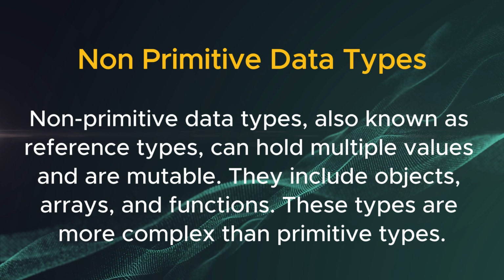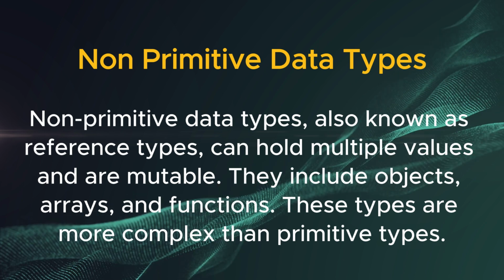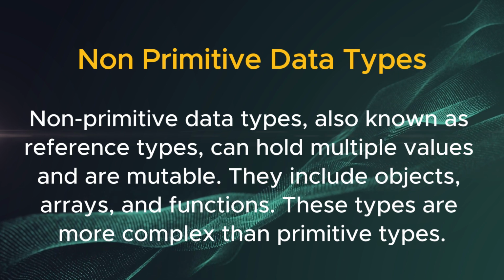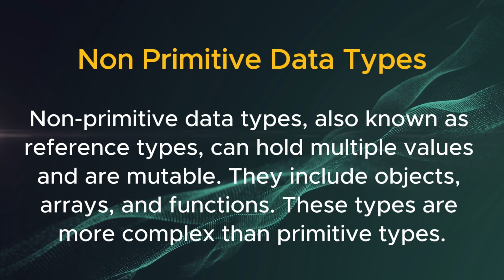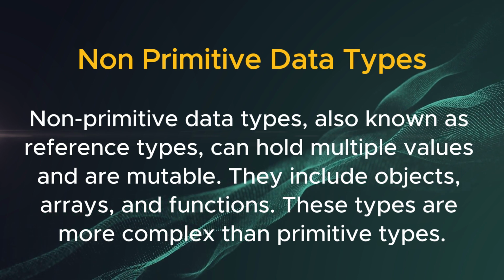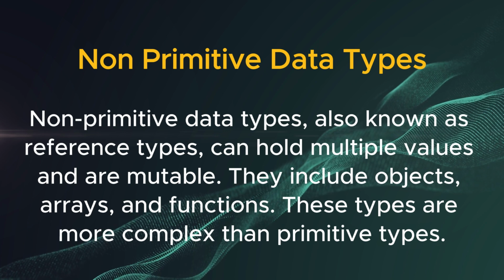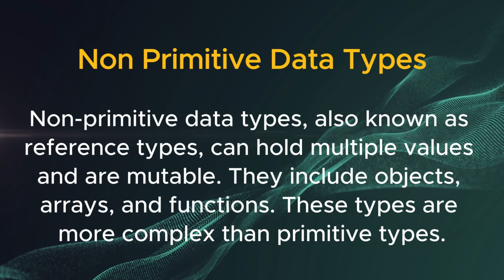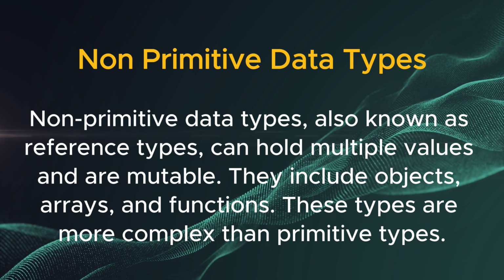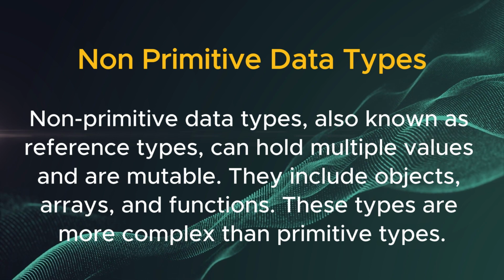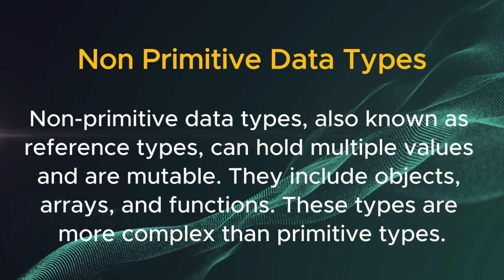Each property is a key value pair, where the key is a string and the value can be any data type. Now we have the array, a special type of object used to store an ordered collection of values. Arrays can hold values of different types and are accessed by their index.